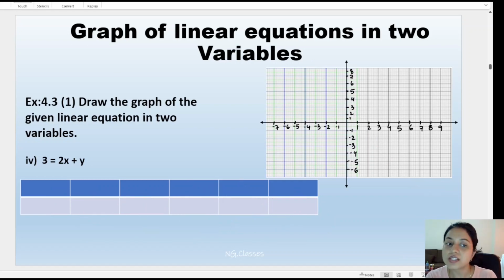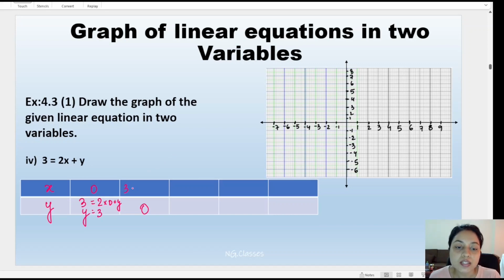So we are having the same equation, and in the same way we will find the x value and y value. Now here let's take x value as 0 and calculate y value for that. So when x is 0, then y value will be 3, right? Now we will take y value as 0 and calculate x value. So when y equals 0, we check what will be the value of x with the help of the given equation.